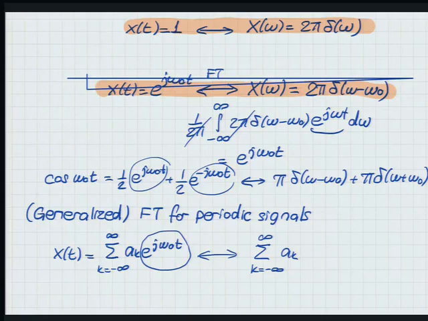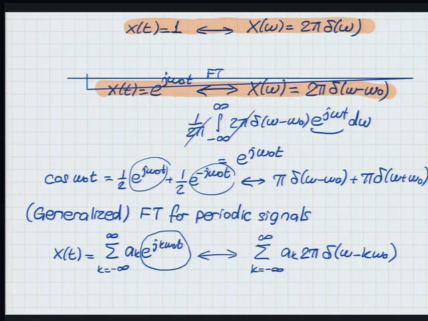And I know those are 2 pi delta. This is k times omega naught. Okay? Delta omega minus k omega naught. All right?